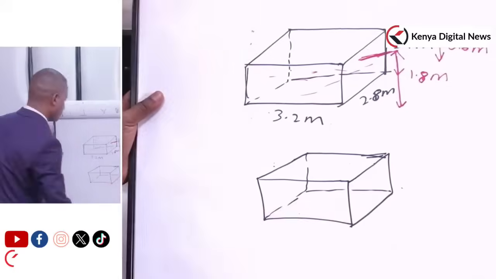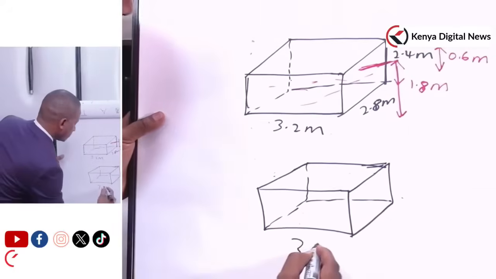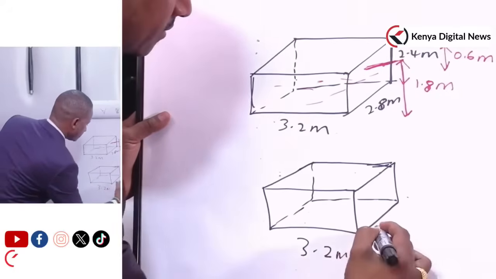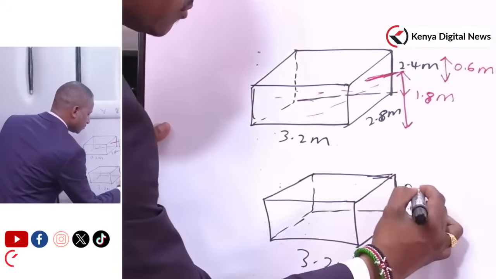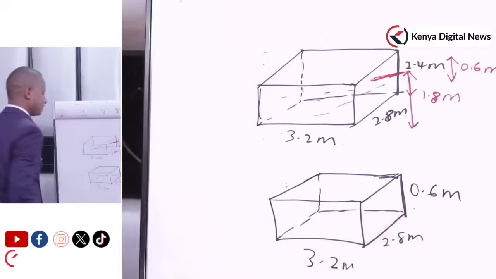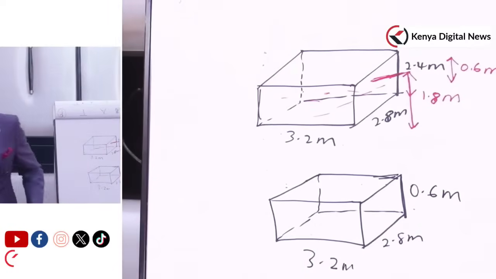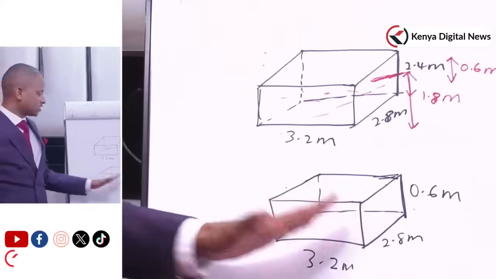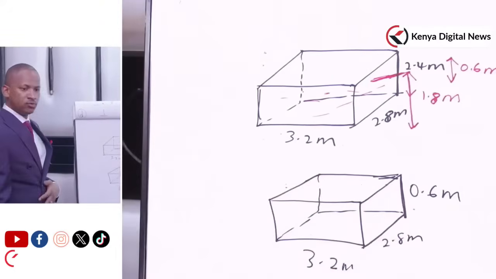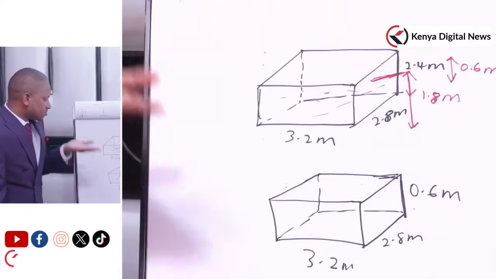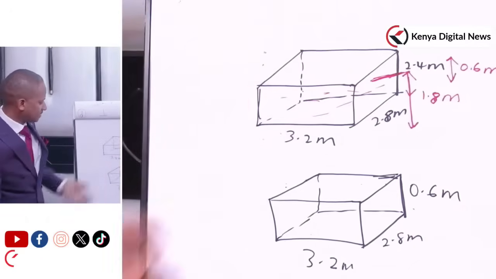Very good. This is 3.2 meters. This is 2.8 meters. But the one that is not in contact with water is 0.6 meters. So this is the new rectangular tank that we have that is not in contact with water, the upper part.